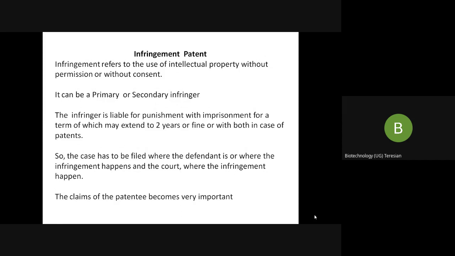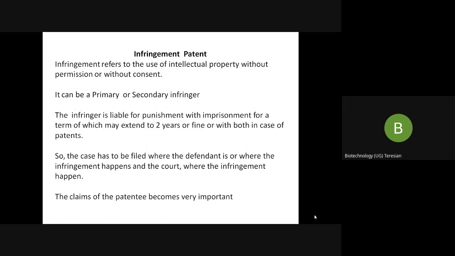Now, the infringing acts can broadly be classified as primary infringement, where the infringer directly infringes, and the act of infringement is directly attributed to the infringer, or there could also be a secondary infringer.